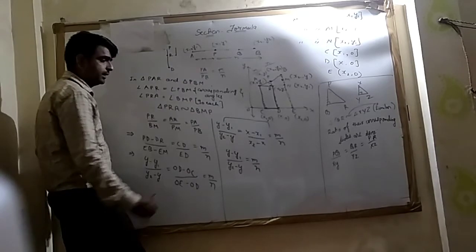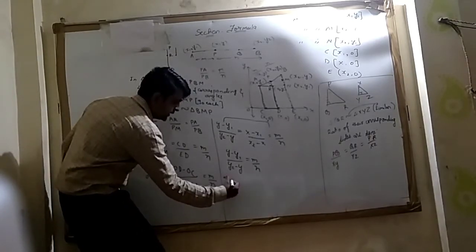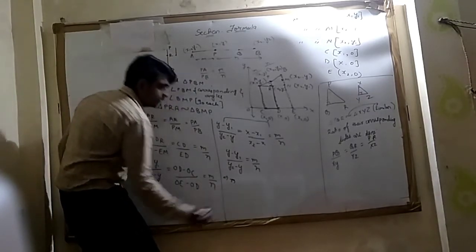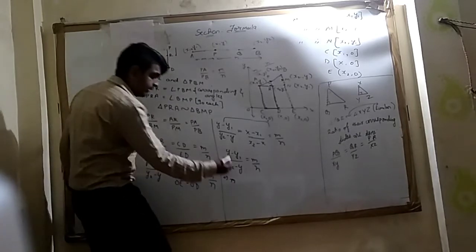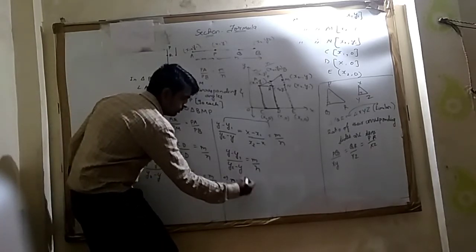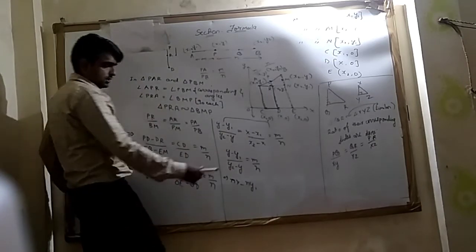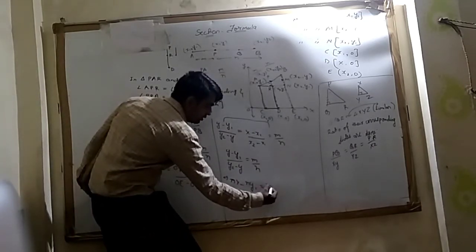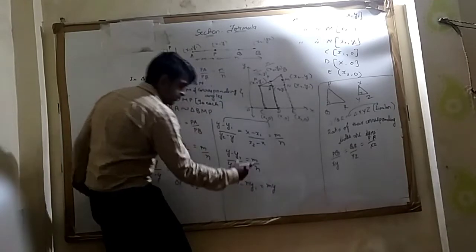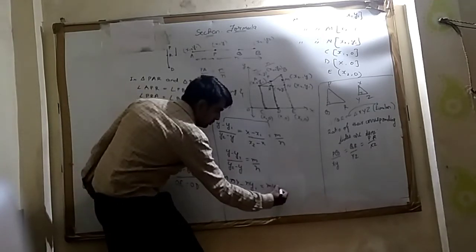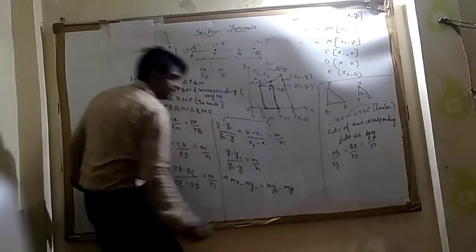Just cross multiply. What we will get? N into y minus n y1 equal to m into y2 minus m into y.